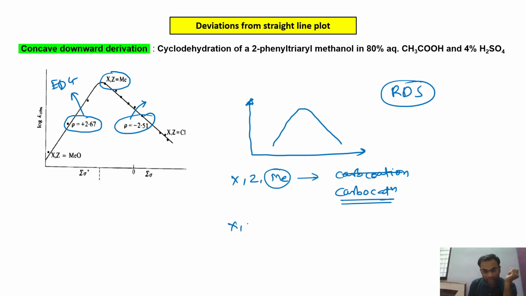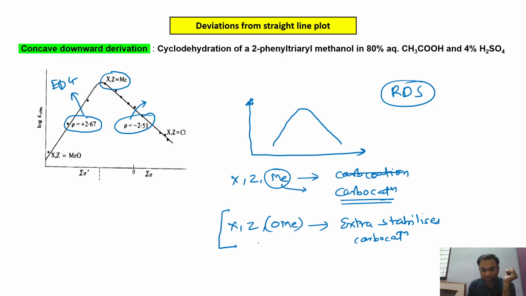But when X and Z is a methoxy group, then this methoxy group will extra stabilize the carbocation. This methyl group only stabilizes the carbocation, but the methoxy group extra stabilizes the carbocation by donation of electrons by the plus R effect, and therefore the rate for the methoxy group is decreased.